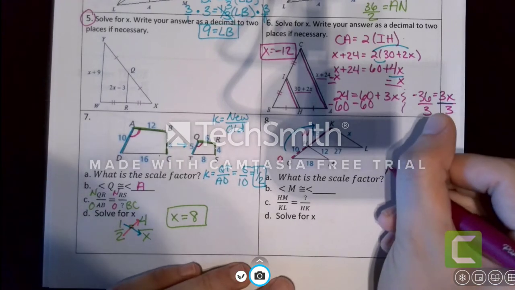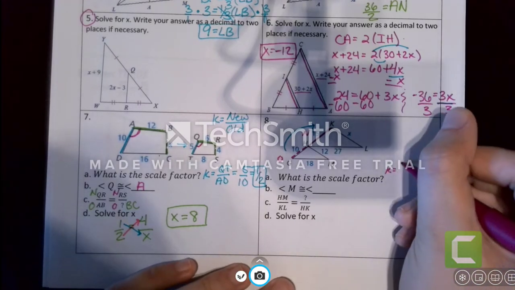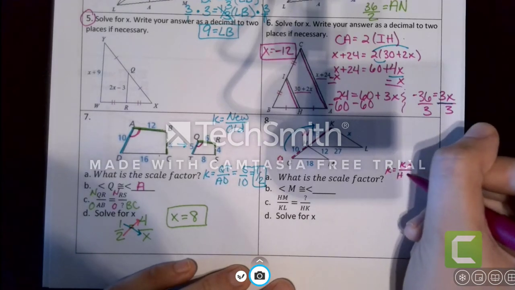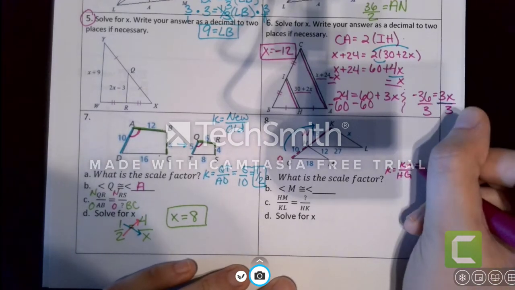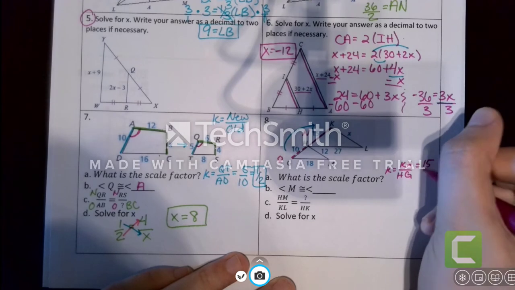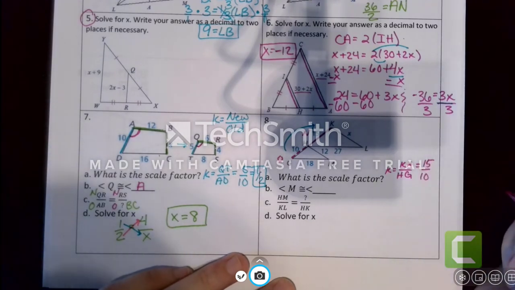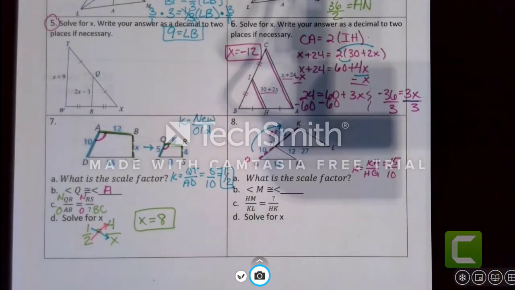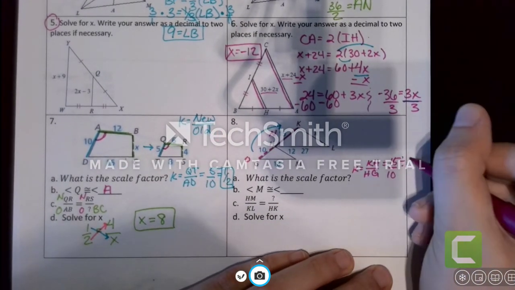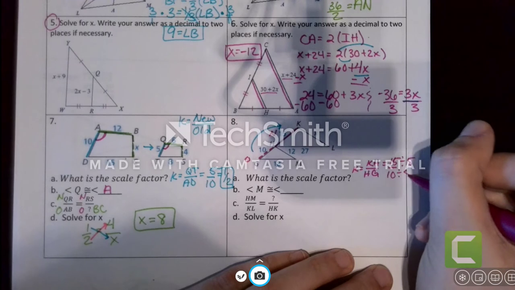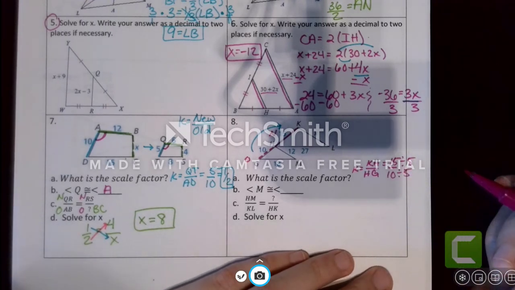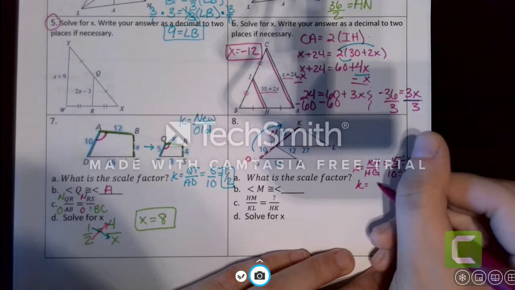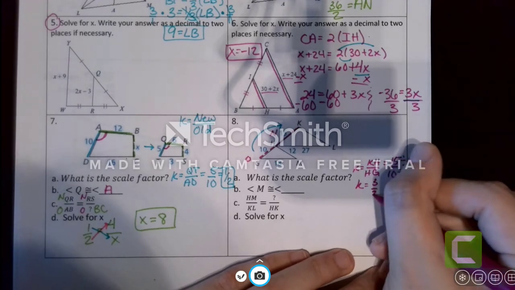Plugging that into my equation with KH as my new and HG as my old, I have 15 over 10. I can simplify both the top and the bottom of this fraction by 5 through division. If I divide both the top and the bottom by 5, your new scale factor should equal 3 over 2.